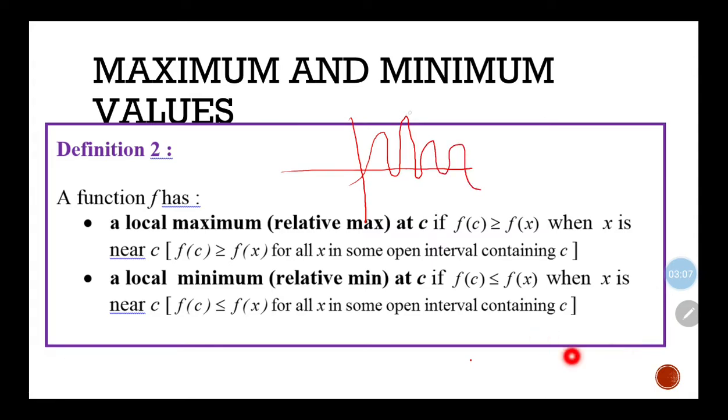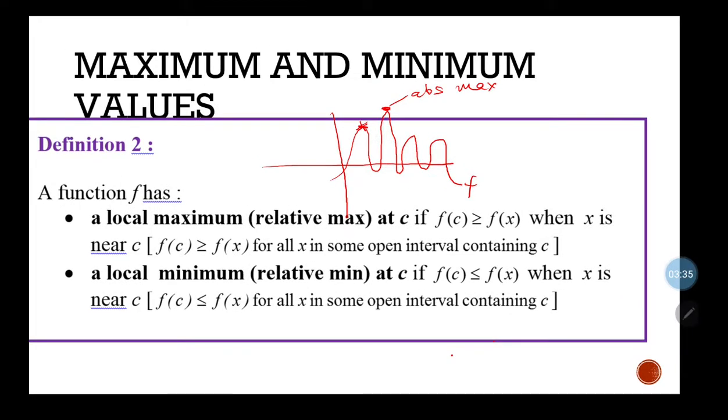So this is the absolute max, right? Absolute maximum value for this function f, and here is the local maximum because it is near in value to the absolute maximum. This one is near to it, right?